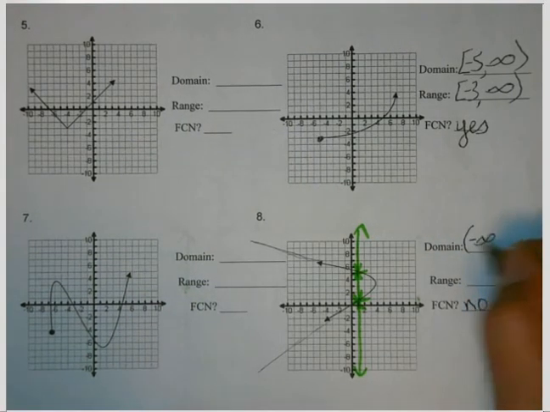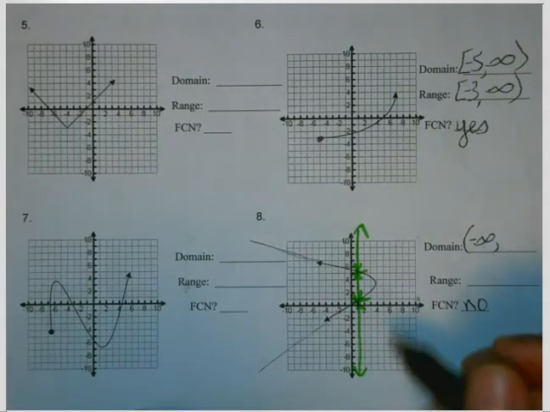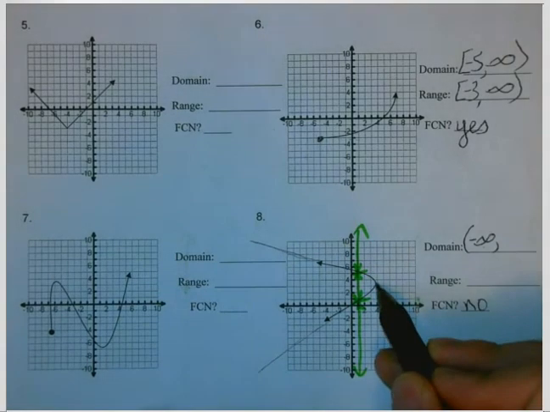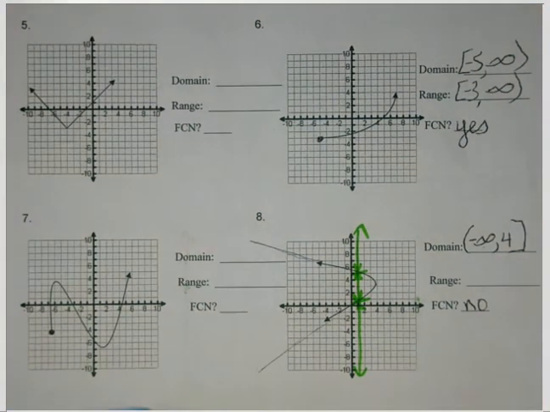Looks like a negative infinity, and yes, that matters. If it's going to the right, it's positive infinity. If it's going to the left, it's negative. Something you have to watch out for. So here, but what about when I go to the right? Well, it looks like it gets to about 4 and stops. Okay, if you wrote 3.5, that'd be okay too, as long as you're in the real close range here.